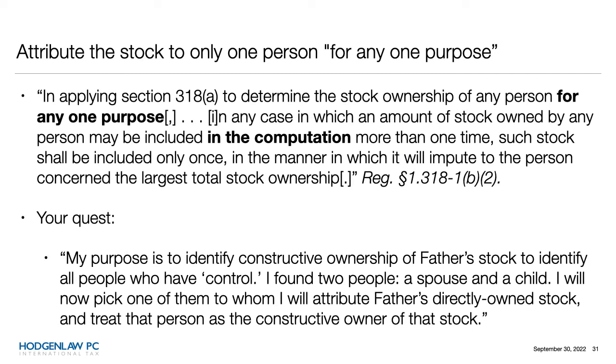Fortunately, the regulations of Section 318 have a solution for this. So, in applying Section 318(a) to determine the stock ownership for any person for any one purpose, so if you find a situation, just as we had in the previous slide, where an amount of stock owned by any one person, Dad, may be included in the computation more than one time, namely we've got constructive ownership going to Mom and to Kid, in that case, such stock shall only be included once, not to Mom and Kid, but to either Mom or Kid, in the manner which will impute to the person concerned, either Mom or Kid, the largest total stock ownership.